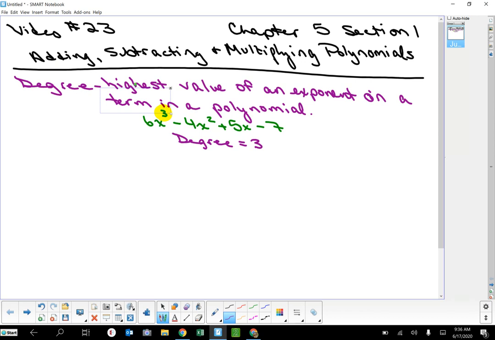The degree on the next term is a 2, but the degree is always the highest exponent value in a polynomial. All right, so next you have a monomial. There's a bunch of different ways to pronounce this.